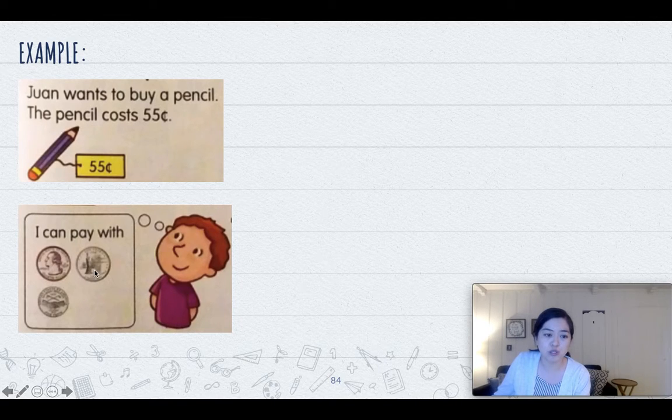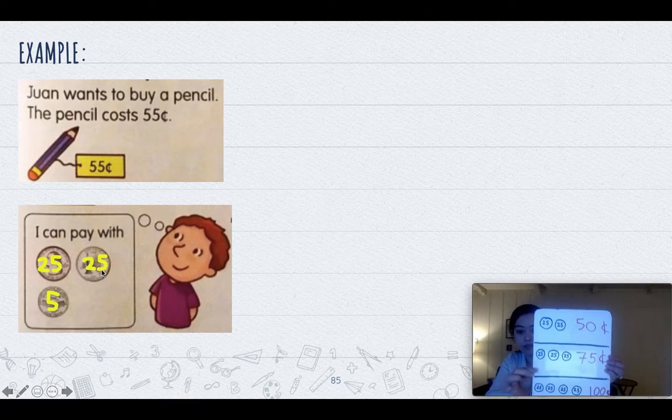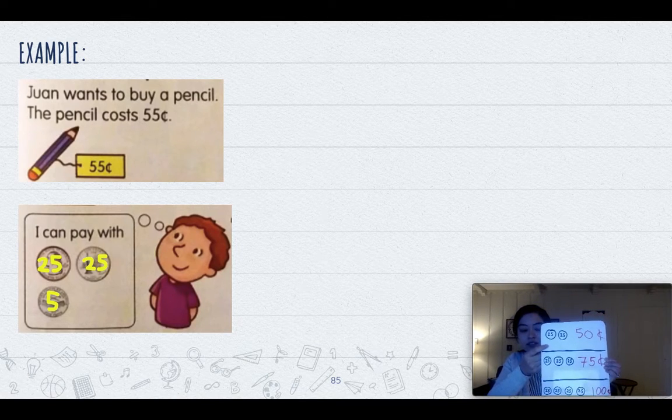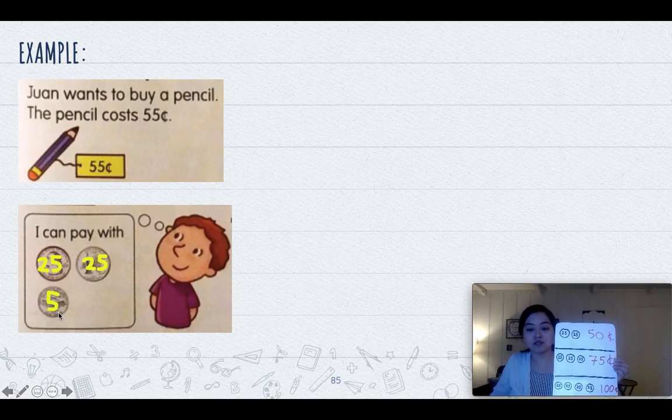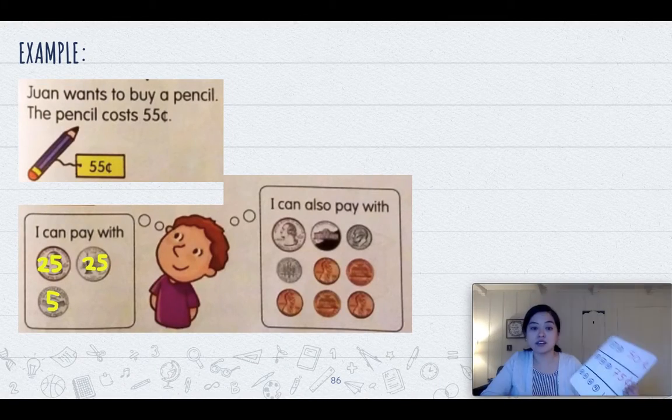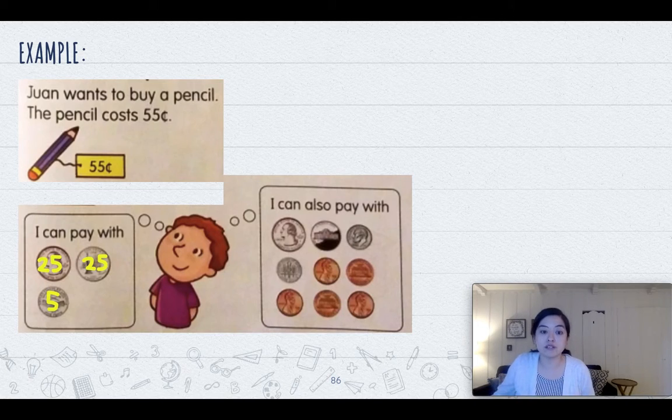He has 2 quarters and a nickel. So that's 25 and 25, which is 50 cents, plus 5 is 55 cents. Sweet. Or he can also pay with this set of coins here. So he's got a quarter, a nickel, 2 dimes, and 5 pennies.